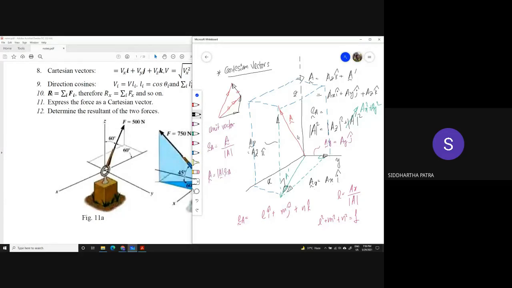At first I chose to decompose A into a vector in the xy plane, and the other component being parallel to the z axis.